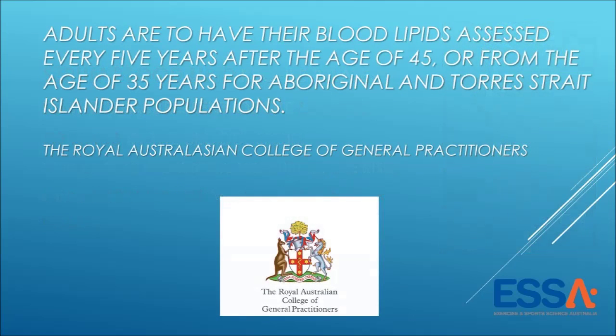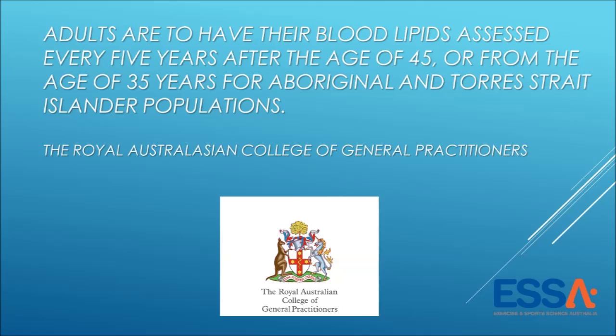The Royal Australasian College of General Practitioners recommends that adults have their blood lipids assessed every 5 years after the age of 45, or from the age of 35 years for Aboriginal and Torres Strait Islander populations. In Australia, we're a little different to the US in that we report blood lipid data in standard international units of millimoles per litre.